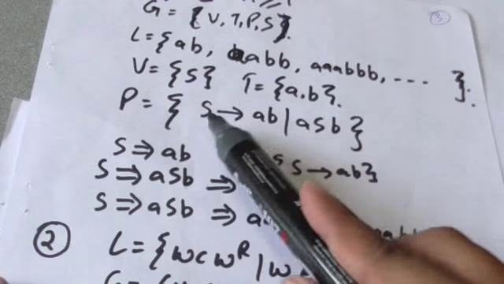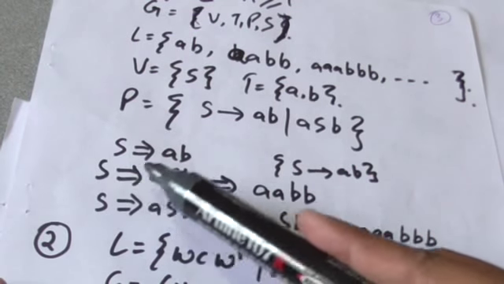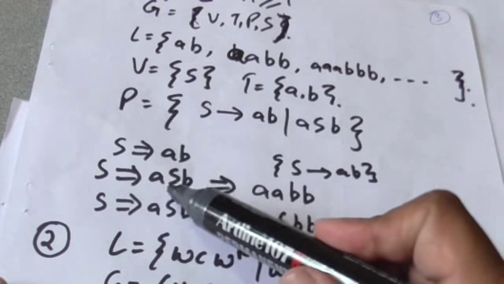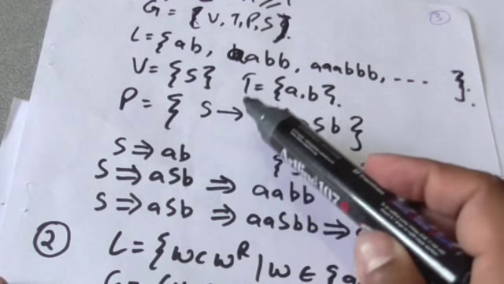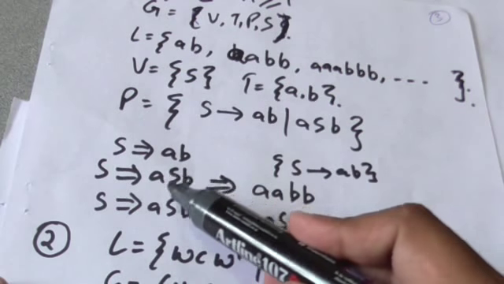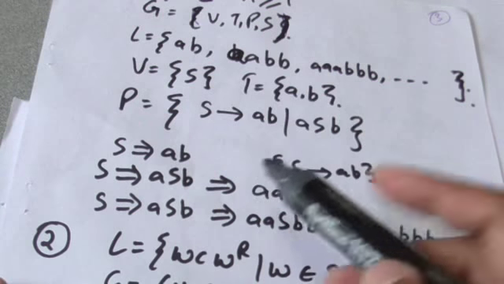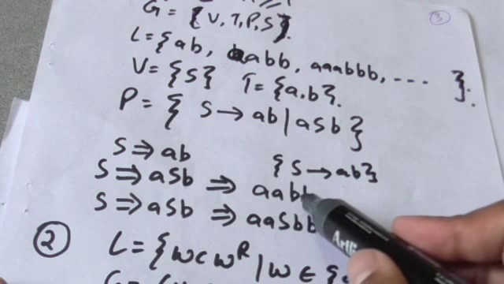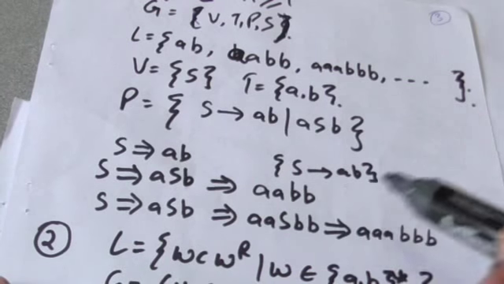So here we have applied this production S derives aSb. Now this S is replaced by AB because there is a production S derives AB. So when we applied this production, what do we get? AABB. So this string has been derived from start symbol S, right?